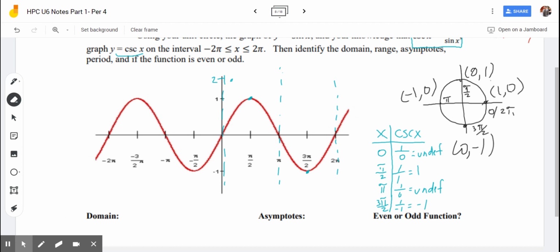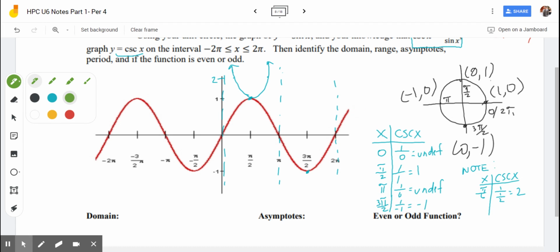And we can do the same thing at 5 pi over 6.